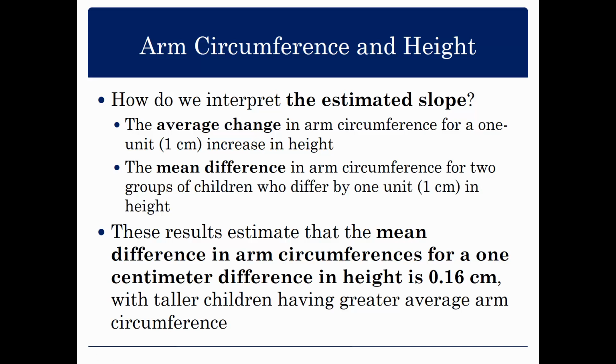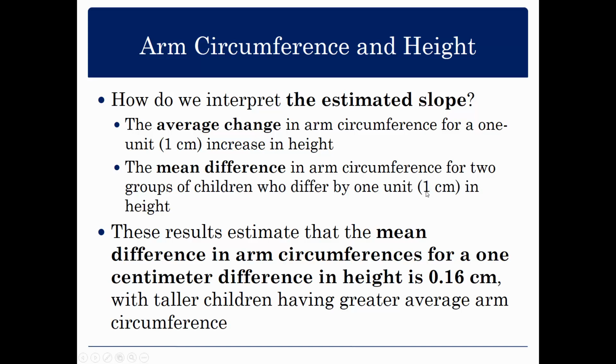The way that we interpret the slope, that beta 1, is the average change in Y for every unit change in X. So it's the average difference in arm circumference for kids who are 1 centimeter different from each other in height, which is what I've stated here, the mean difference. I can multiply it out.